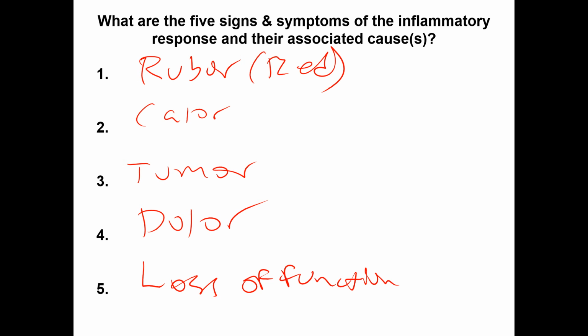red. So the fact that you see redness is indicative of increased circulation to the site of injury or infection. In this case, you have increased vasodilation, so increased blood flow to that area, so that's why it appears red. The calor is indicating warmth.